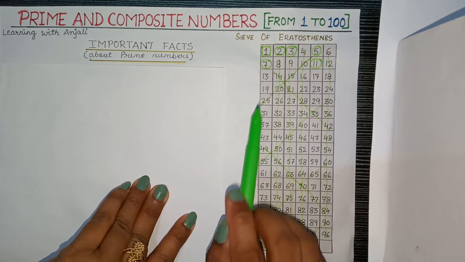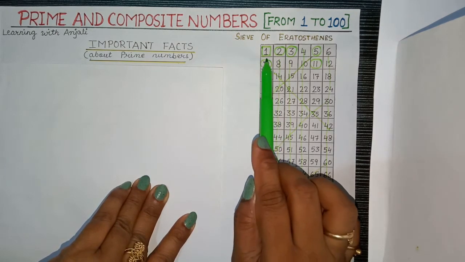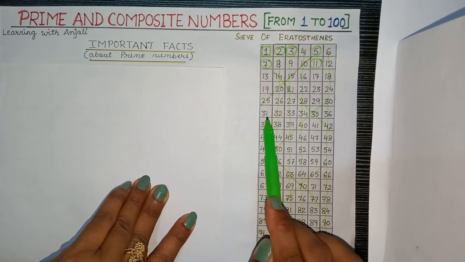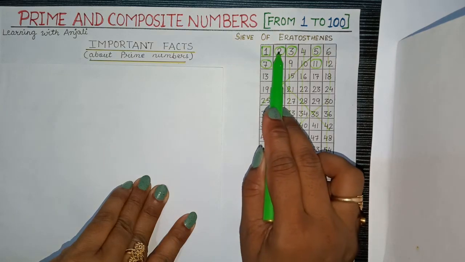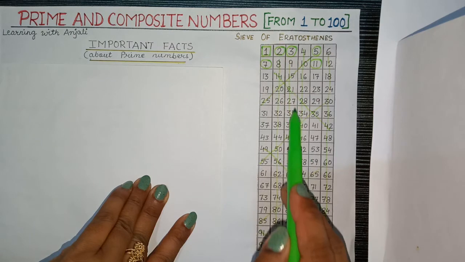Now we will get the prime numbers. Count from here. 1, 2, 3, 4, 5, 6, 7, 8, 9, 10, 11, 12, then 13.